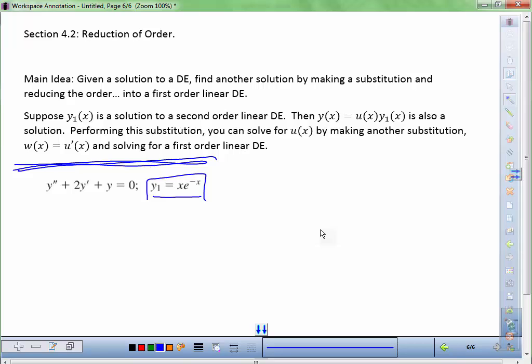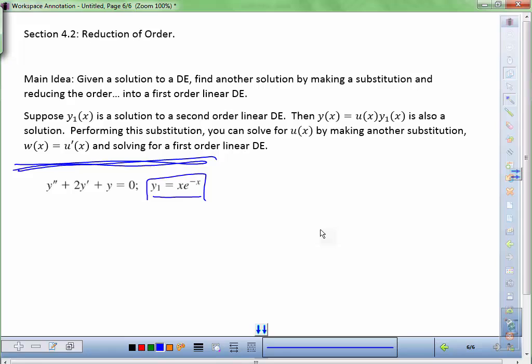This is one of the fundamental solutions. It's not a particular solution. A particular solution in the context that we're talking about would be a solution for a non-homogeneous differential equation. So I'm looking for two fundamental solutions, right? Because this is a second order. I'm given one of them already, so I just have to find the second fundamental solution.